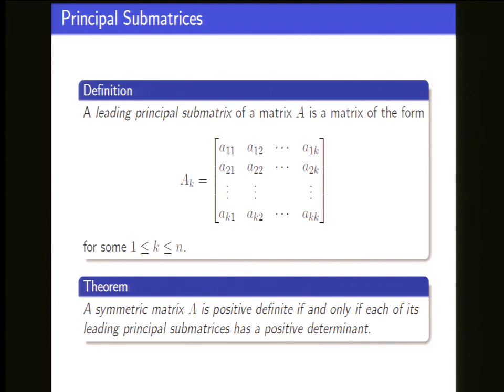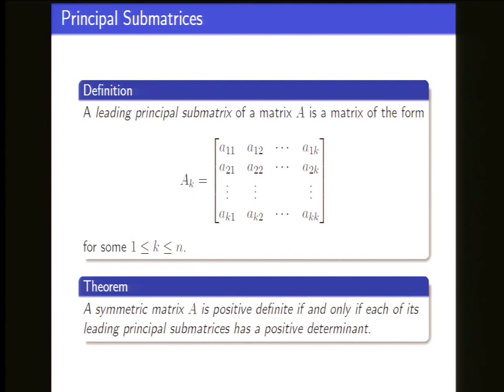Sorry, principal means that you stay on the diagonal, that you pick a certain number of rows and the same number of columns. Leading means that you start from 1. Anyway, these words put together, it just comes down to very simply looking at the upper k by k part of a bigger matrix. Okay? So here's an example.